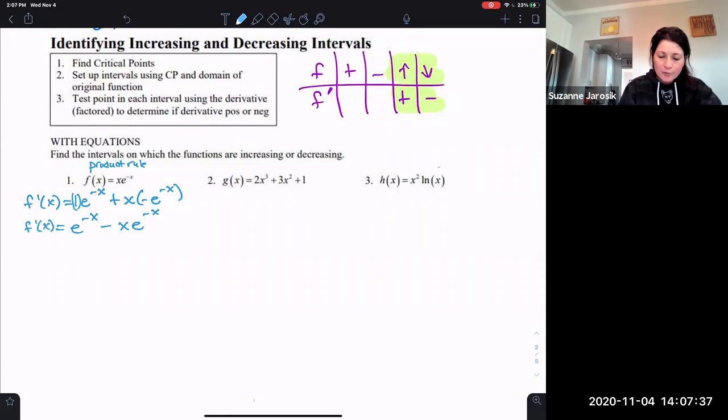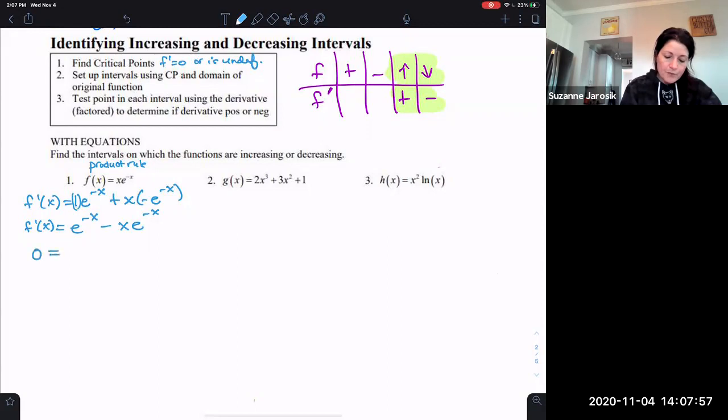And to find critical points, they're where f prime equals 0 or is undefined. E to the x functions, whether they're e to the positive or negative x, are never undefined. So we are literally just finding where it's equal to 0.